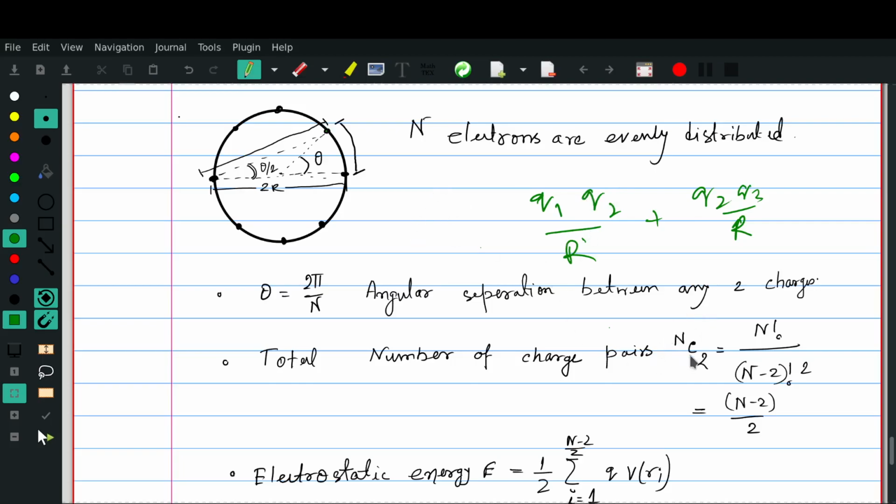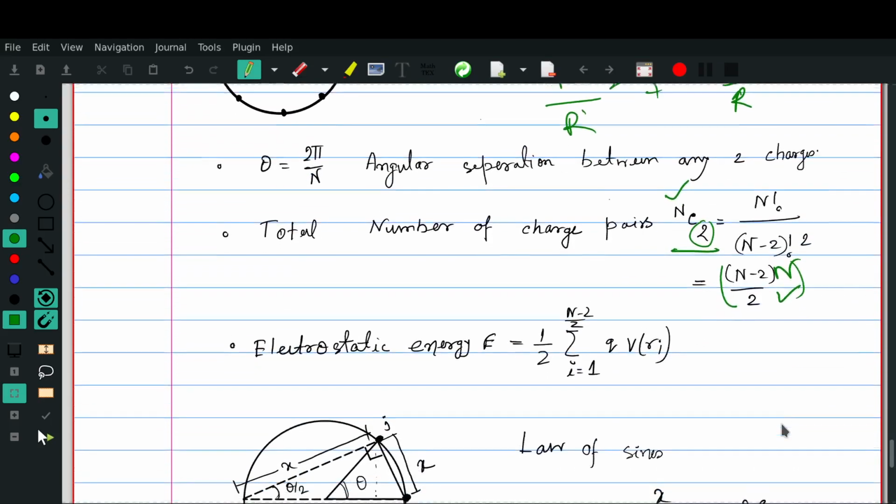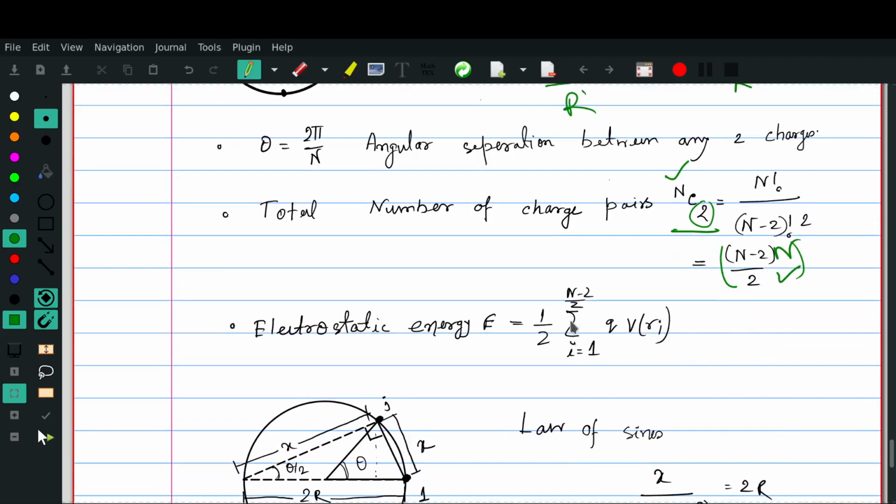So we will calculate nC2. This nC2 will tell us, if we have n particles and we take two particles at a time, what are the possible terms we will have. So there are n times n minus 1 by 2 terms in the summation.